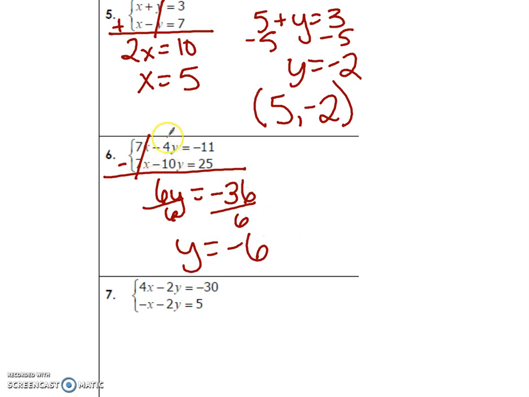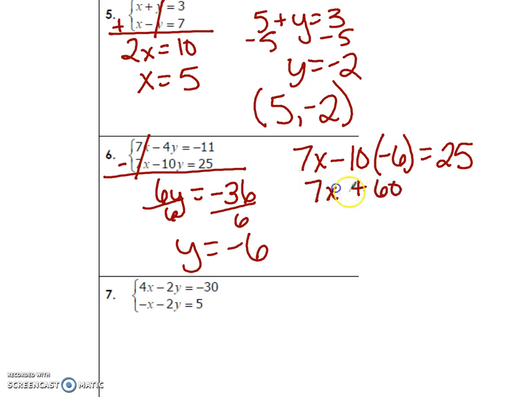Okay, plug that back into one of our original equations. I'm just going to pick the bottom one. All right, so we have 7x minus 10, plug in your y, which is negative 6, equals 25. Okay, negative 10 times negative 6 gives us positive 60. So 7x plus 60 equals 25.